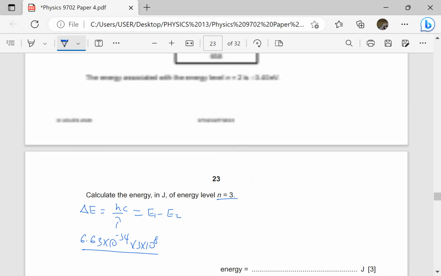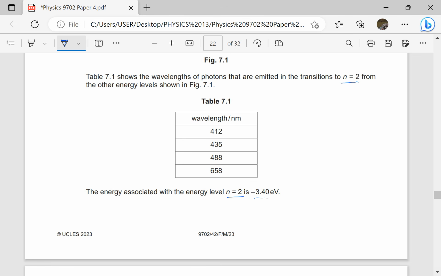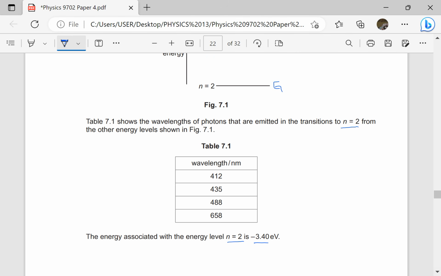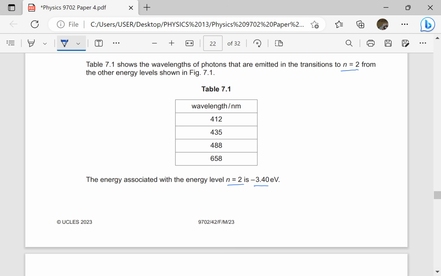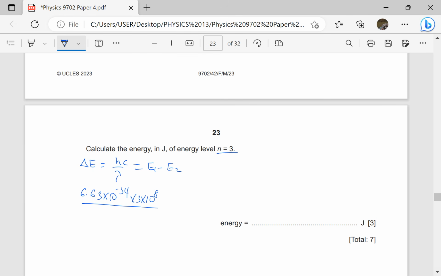The wavelength was given, the figure shows the wavelength of photons that are emitted in the transitions to n equals 2. So this is going to be divided by 658 times 10 power negative 9.